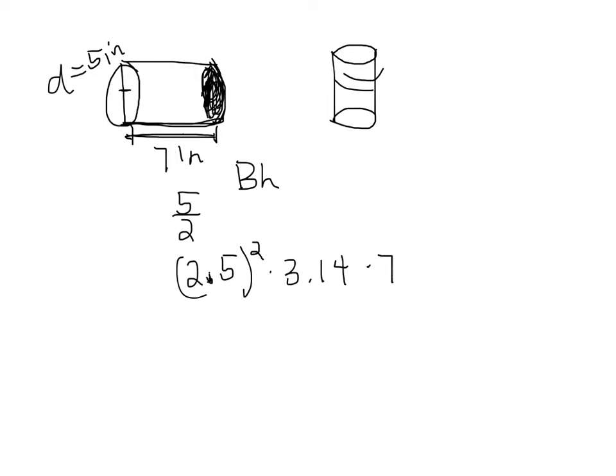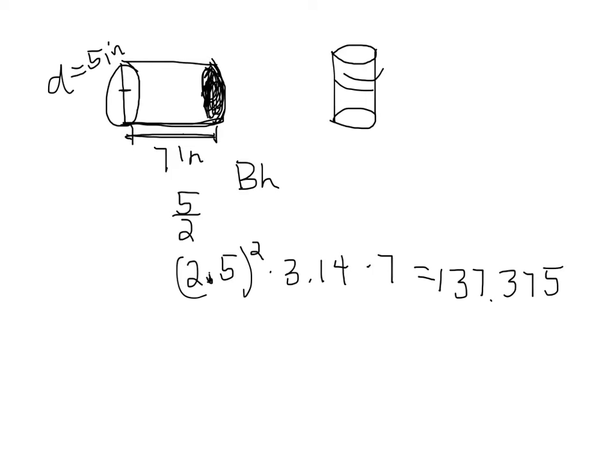Really, when you start doing this, you can do it all in one calculator step. 2.5 squared, then equals, times 3.14 times 7, and then equals, and we get 137.375.